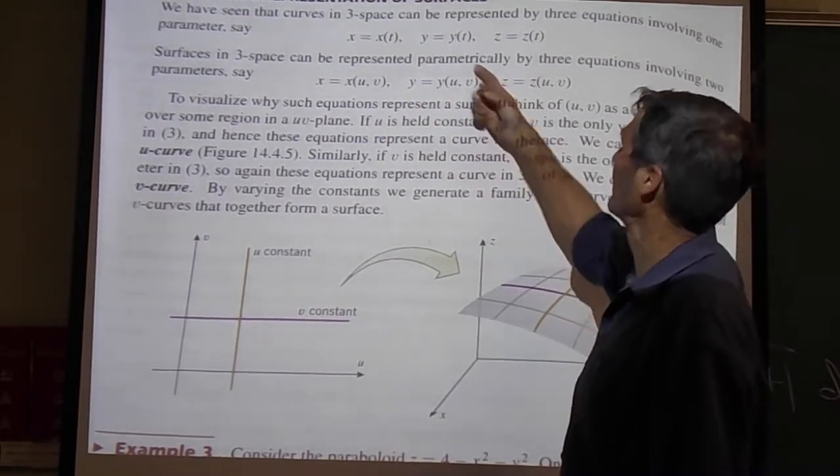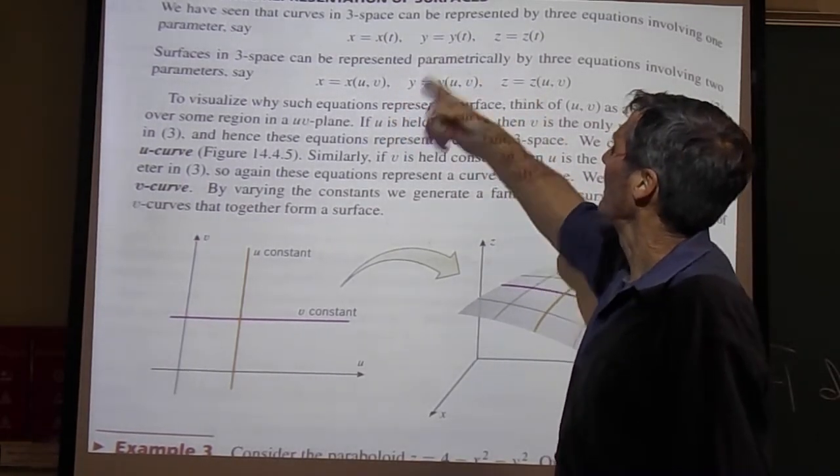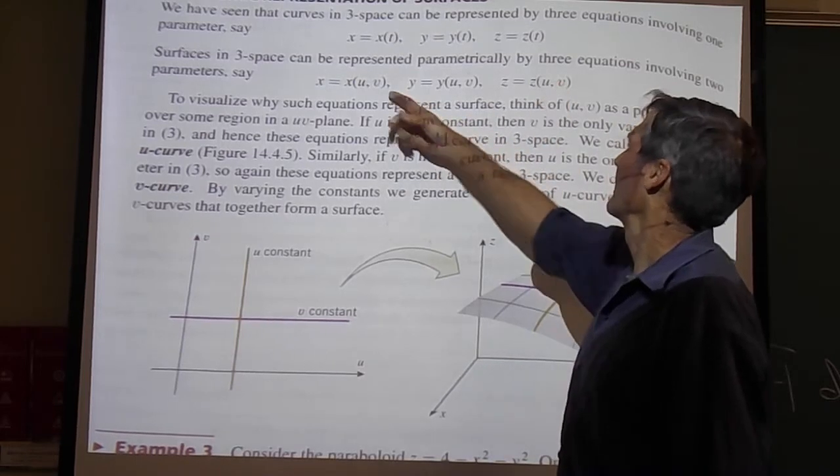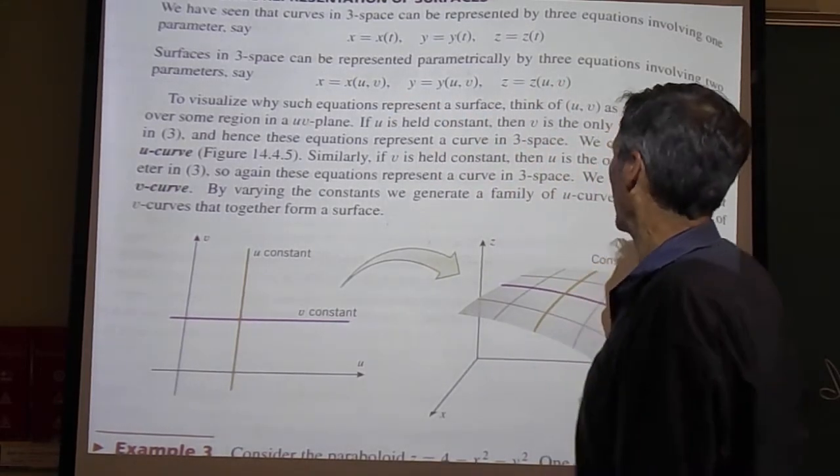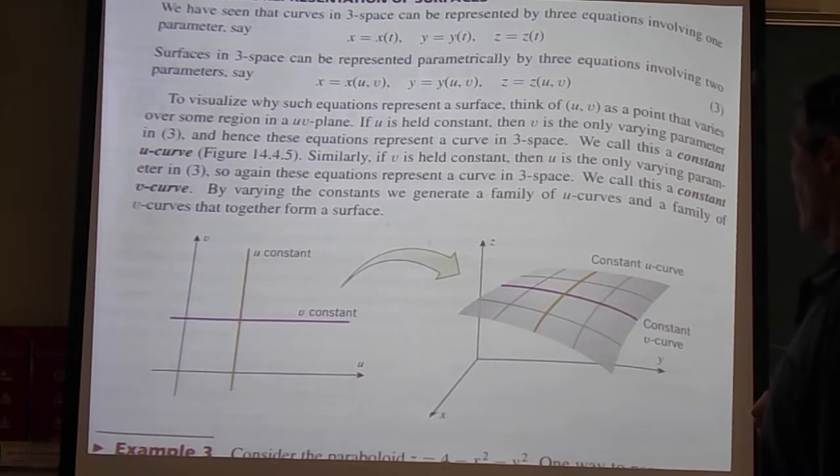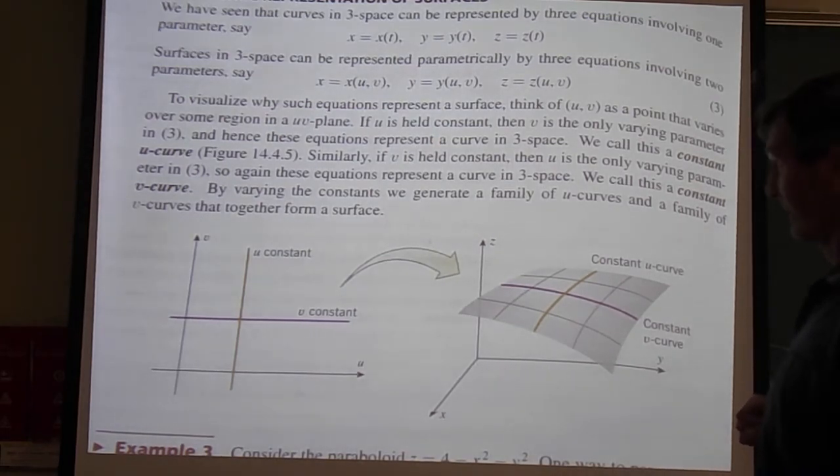So z is a function like this. How can we now find the surface area?